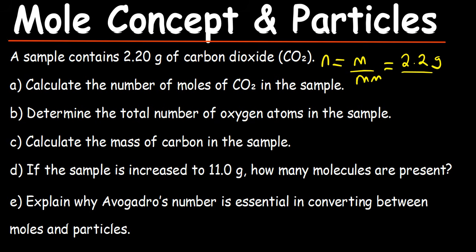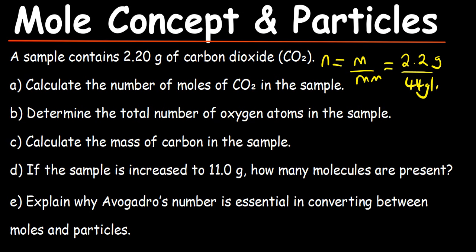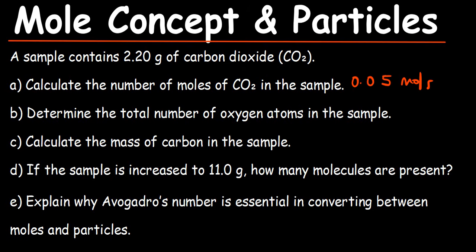Now we divide 2.2 grams by 44 grams per mole. The gram and the gram cancel, so I'm just left with moles. So what do I now have? I've got 0.05 moles. So the first part of the question gives me 0.05 moles.